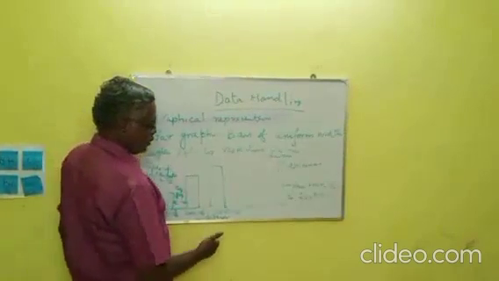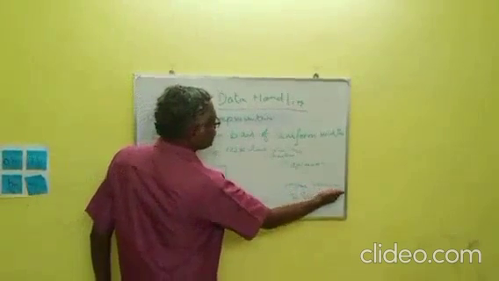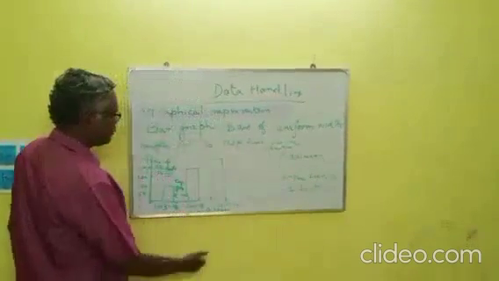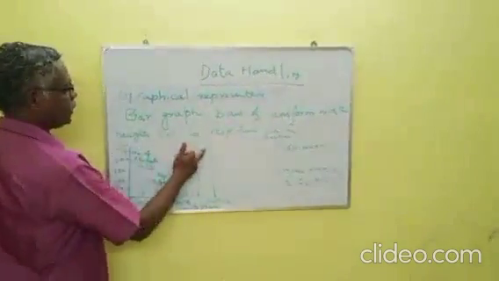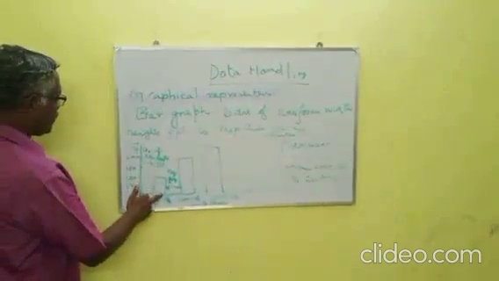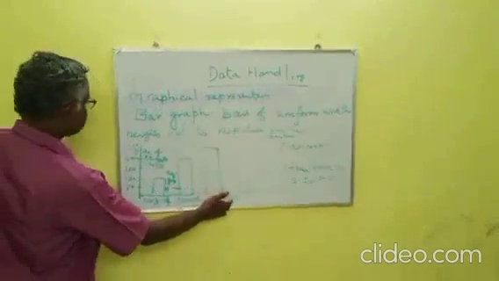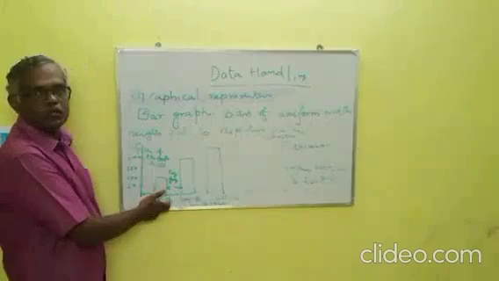That is, compare the number of students in 2005-6 with that of 2003-4. Here we can see that the number of students in 2005-6 is 250, and in 2003-4 it is 100. So the number of students in 2005-6 is approximately 2.5 times that of 2003-4.